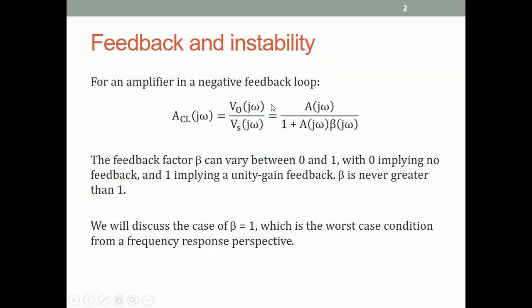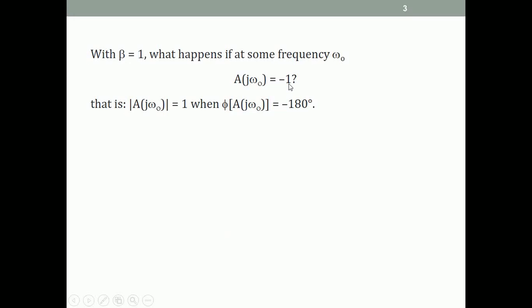And at that frequency, an output can exist without an input, and therefore it is a sinusoidal signal that one sees at the output. And that, of course, is instability, right? If this condition is satisfied, then we say that this amplifier is unstable under negative feedback or feedback conditions, because without an input it gives an output.